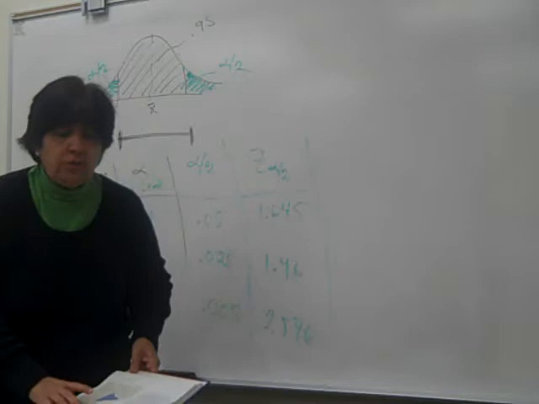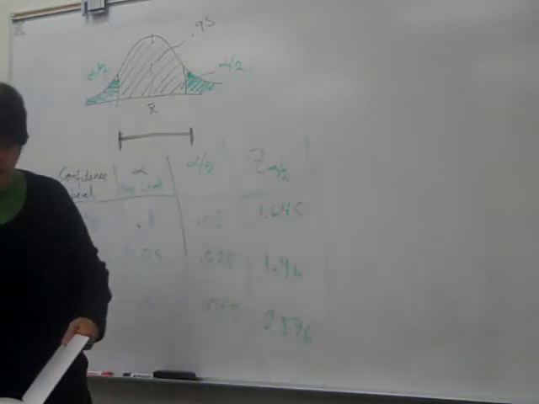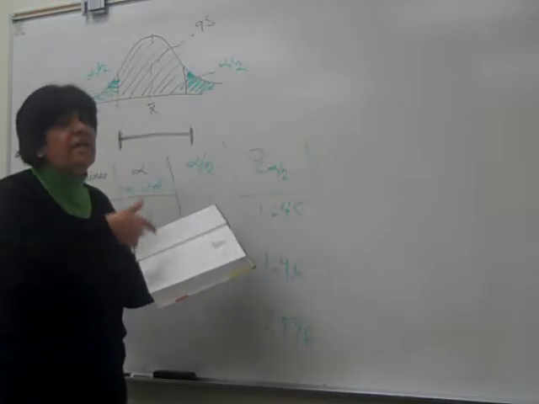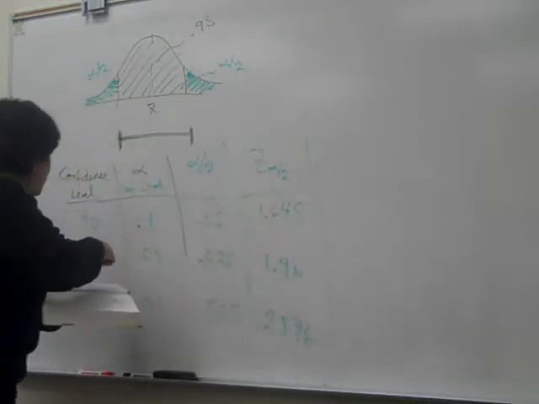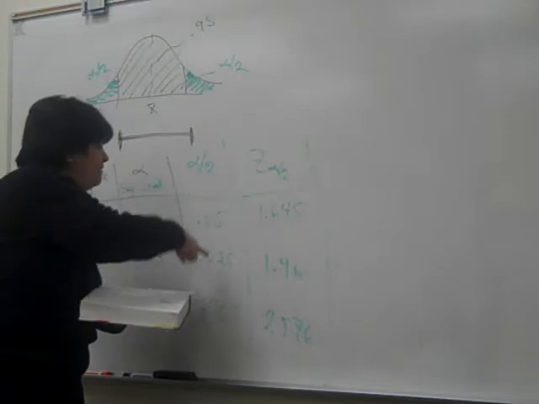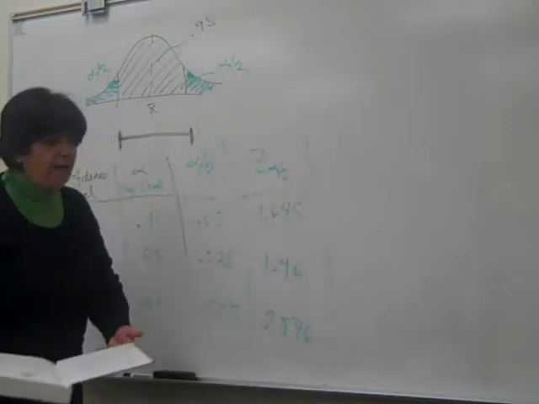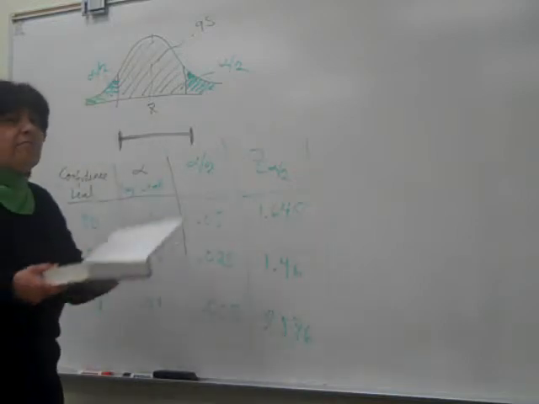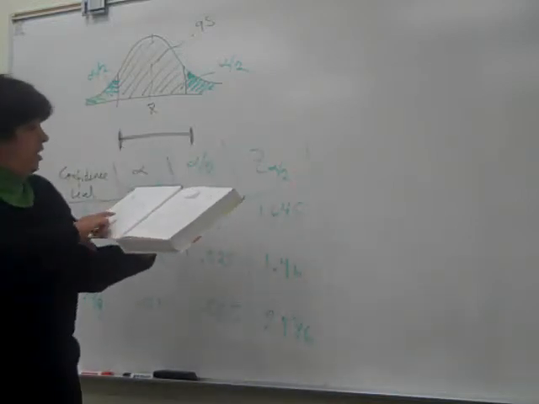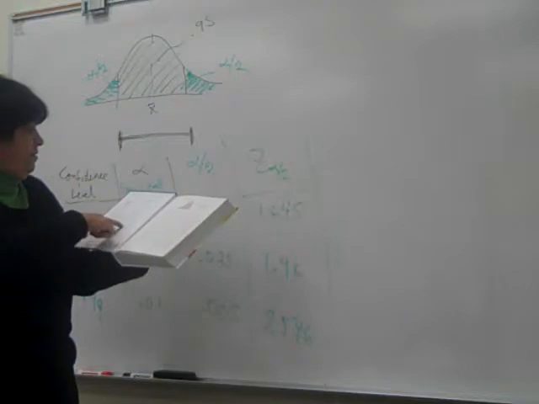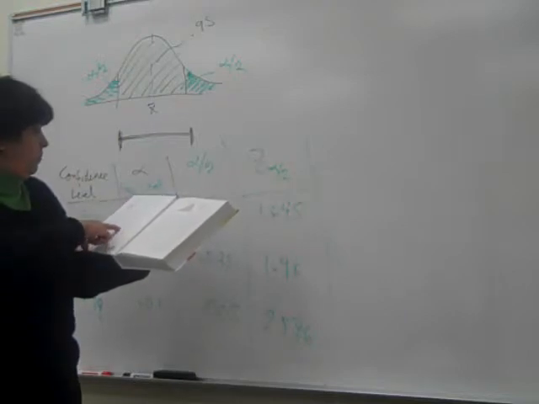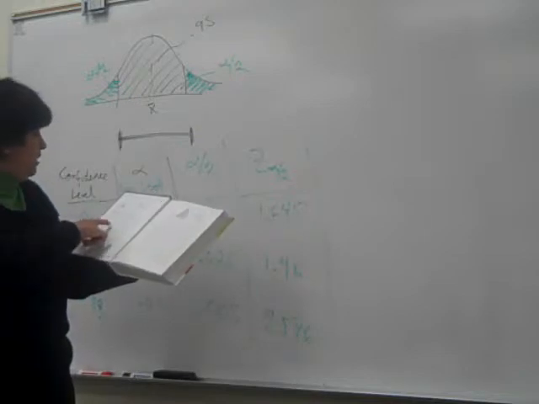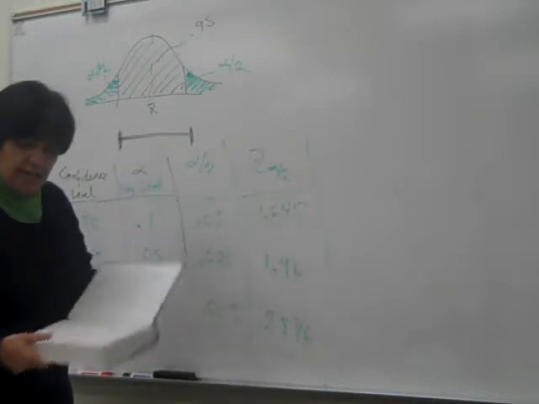You go to the standard normal distribution, and you are going to get the values right here. For example, for 95, alpha divided by 2 is 0.025, so this is 0.025, right? So I'm going to go into the table and get 0.025, and the Z value is negative 1.96.